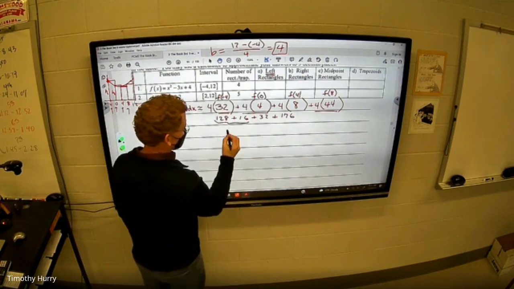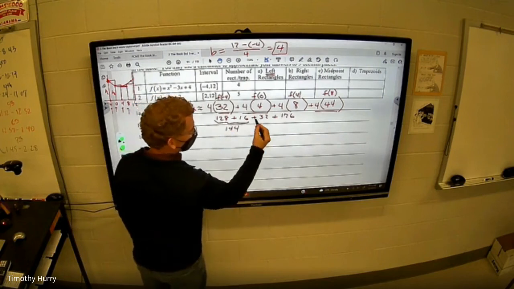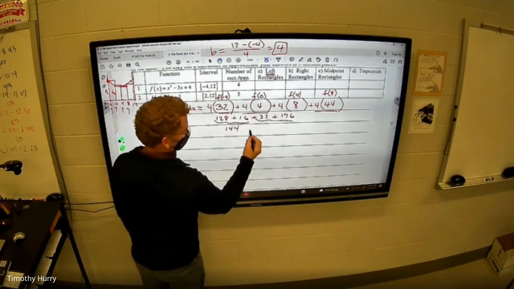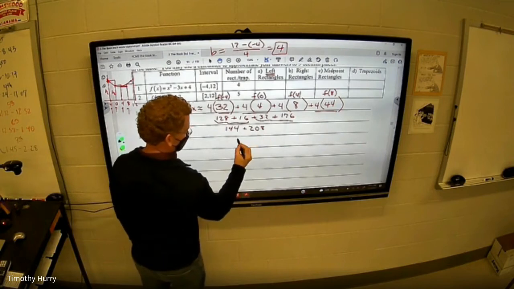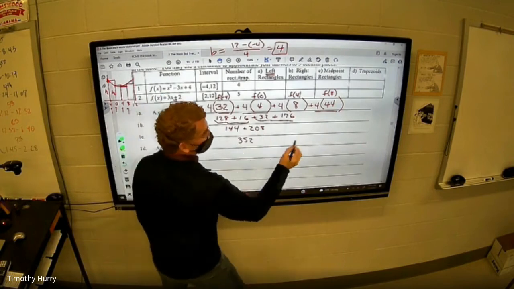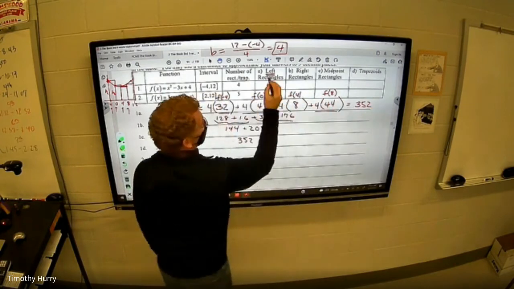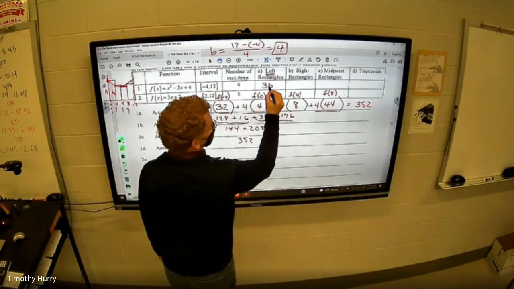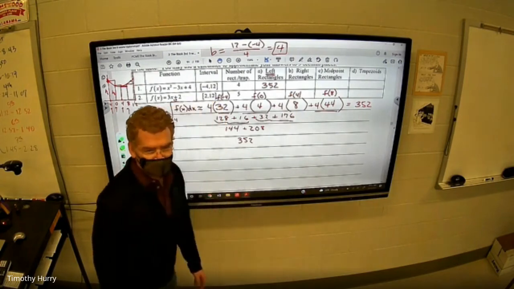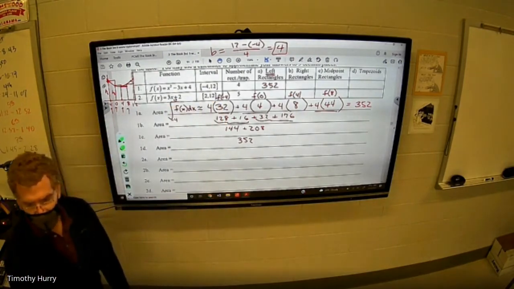This right here gives me a 144. That gives me a 208, so 352, if I haven't made a careless error. So what is my area using left rectangles? 352.